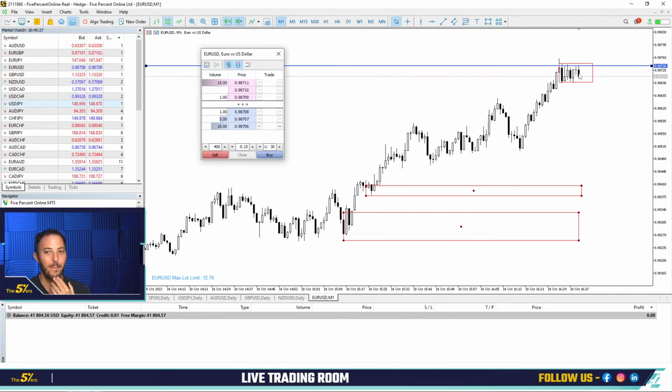So I prefer seeing the breakout and then the retest of this area, and then I'll be loading with buys to try to get the next move higher.